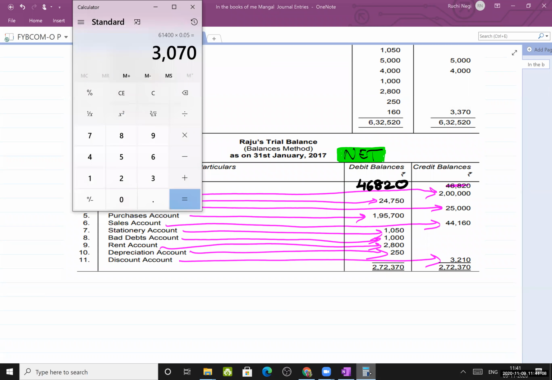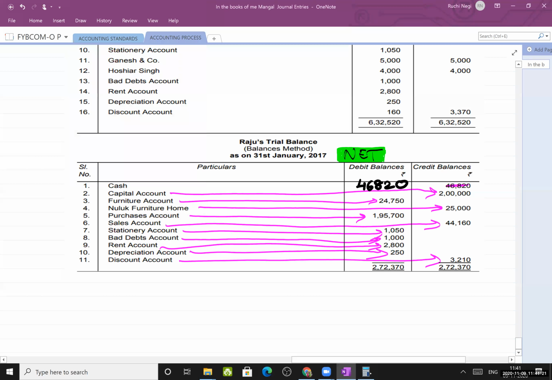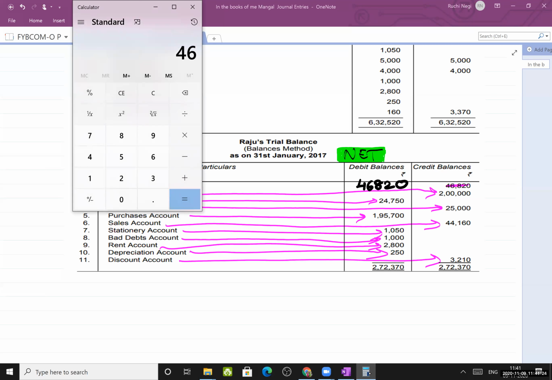Okay, just total it. 2 lakhs plus 25,000 plus 44,160. 2,69,160. Total this side. 46,820 plus 24,750 plus 1,95,700 plus 1,050 plus 1,000 plus 2,800 plus 450. 2,72,370.